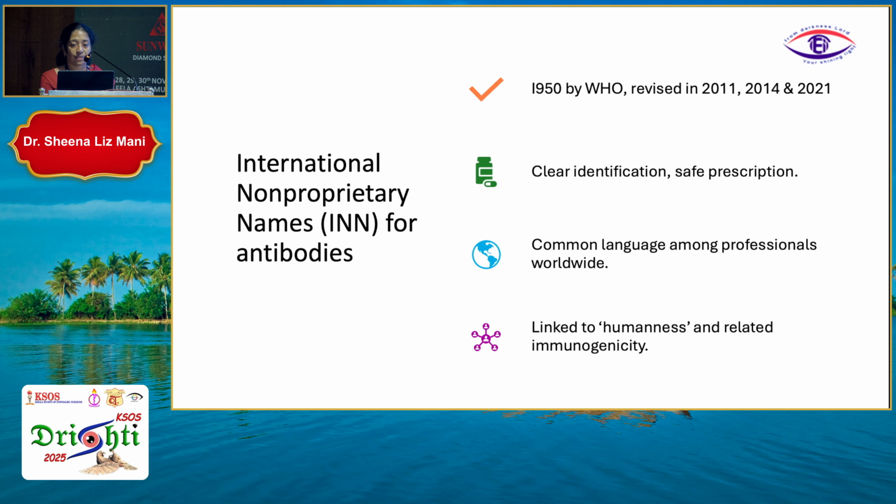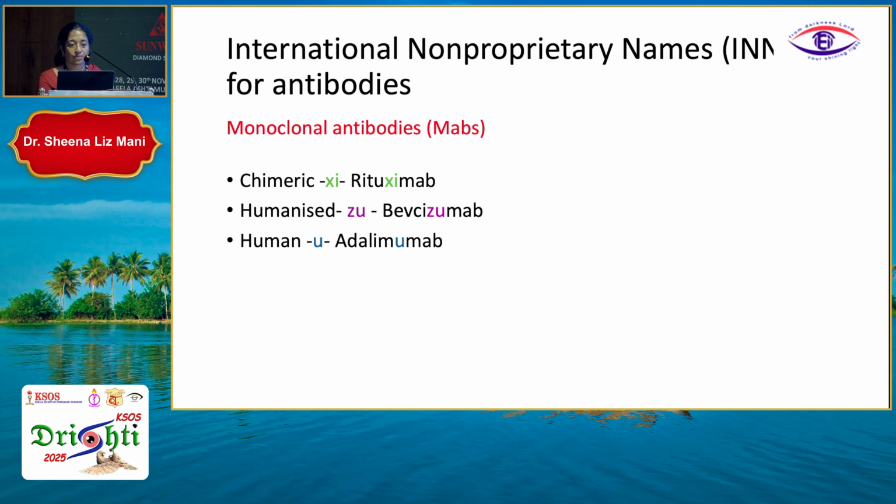WHO introduced proprietary names for these antibodies as early as 1950, and it was subsequently revised, so that we have a clear identification of the drug or the molecule, and we all speak a common language worldwide. It's also linked to the humanness related to immunogenicity.